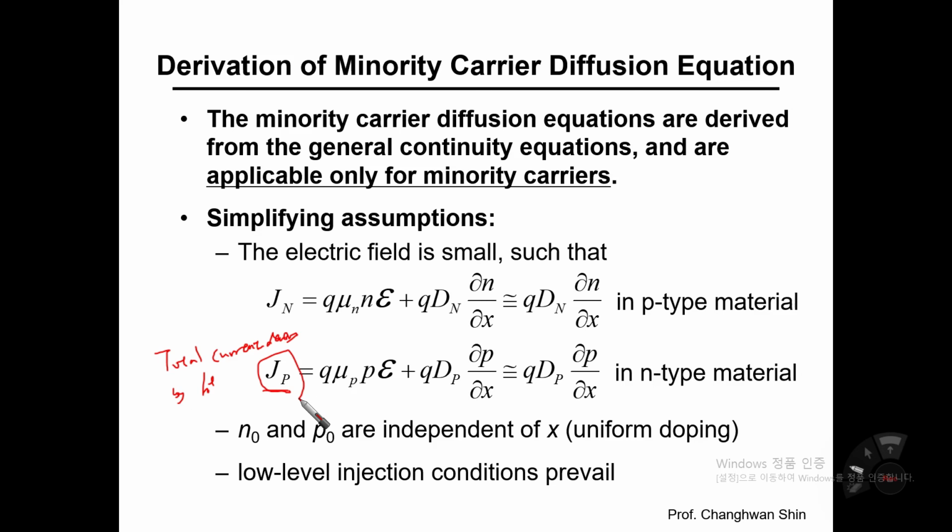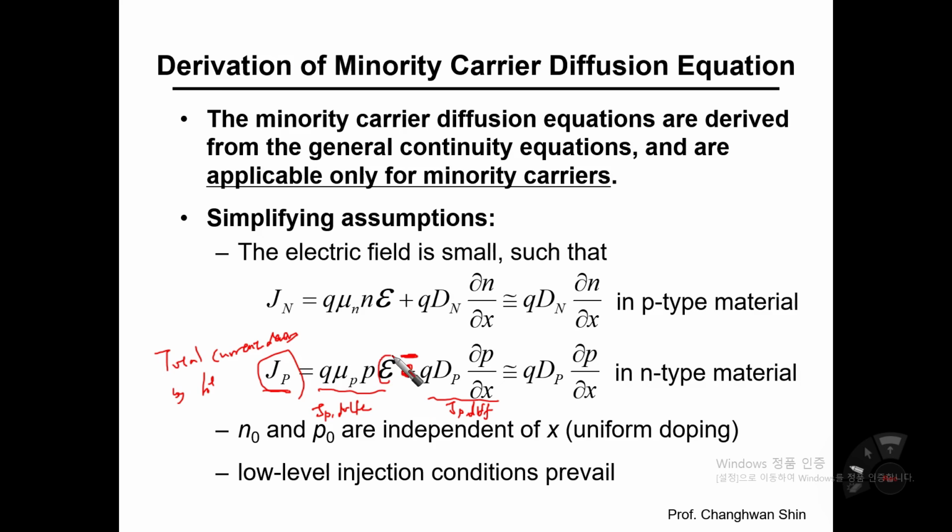As we learned in chapter 3, Jp is equal to Q times the mobility of hole mu p, times the hole concentration p, times electric field, and I guess this is a typo, minus the diffusion current density. That is Jp drift, and that is Jp diffusion.